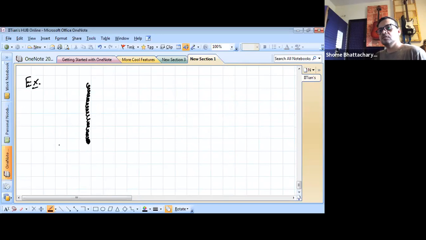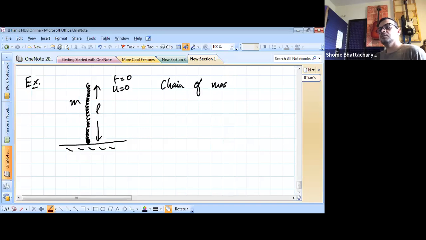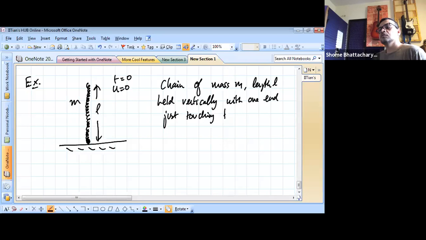We have a chain of mass m, length L, held vertically with one end just touching the floor, which is dropped at t equal to 0.